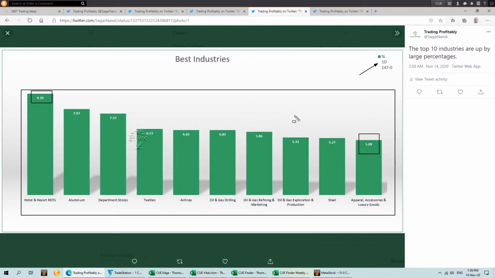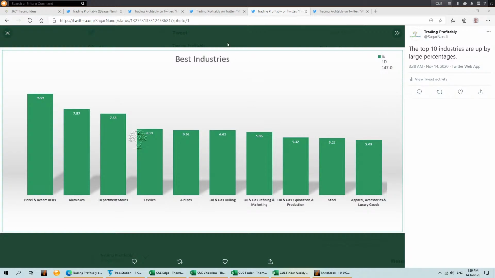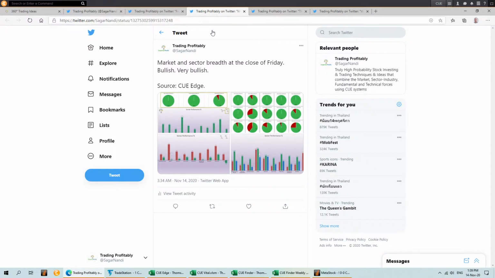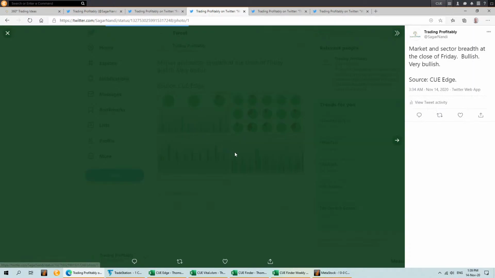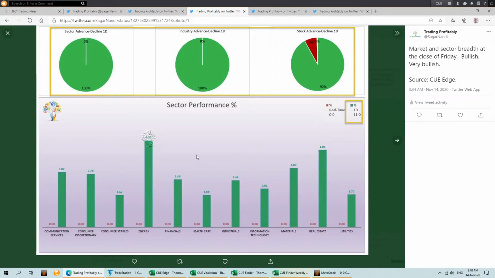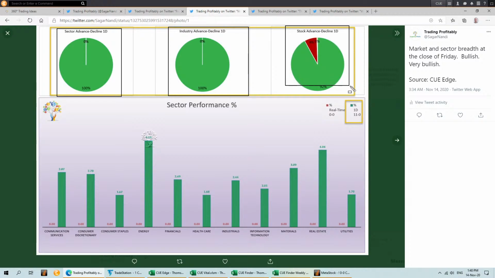That again showed that at the industry level, the market was very bullish. Let's look at a few more charts I shared from QEdge. All the sectors went up, 100% of the 11 sectors, all the industries went up, and a massive 92% of all stocks in the S&P 1500 also went up.